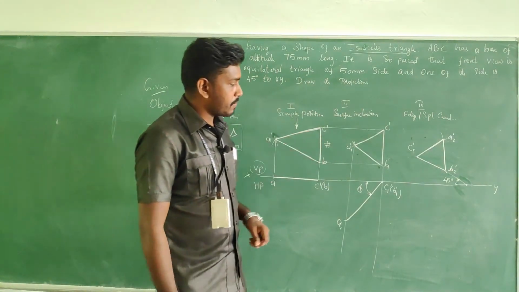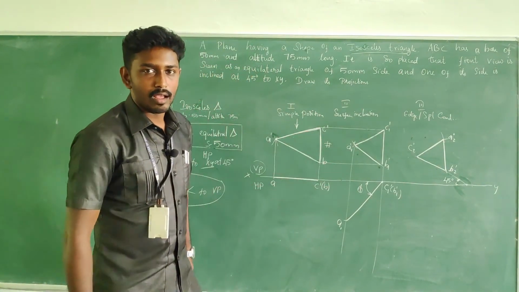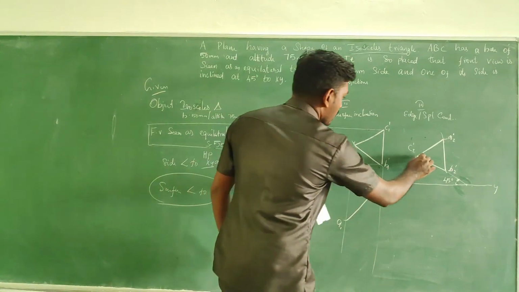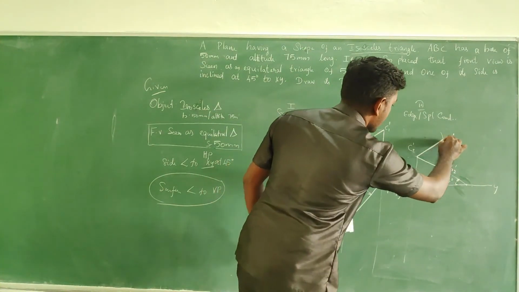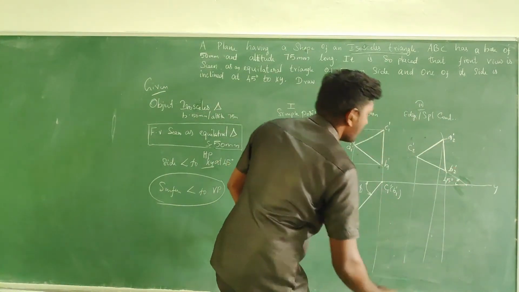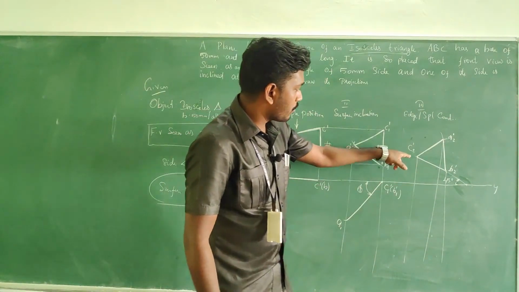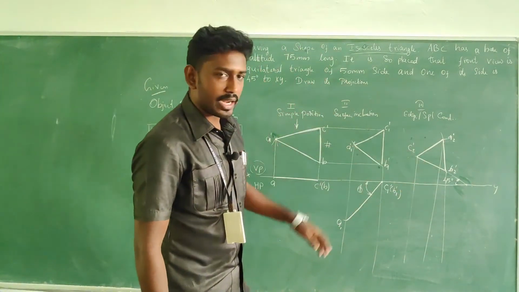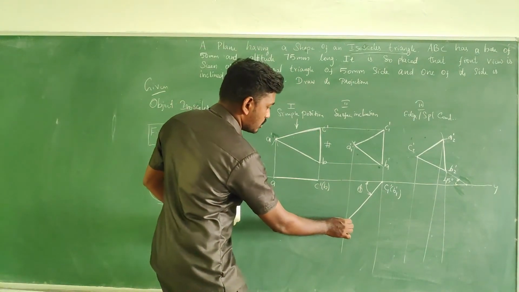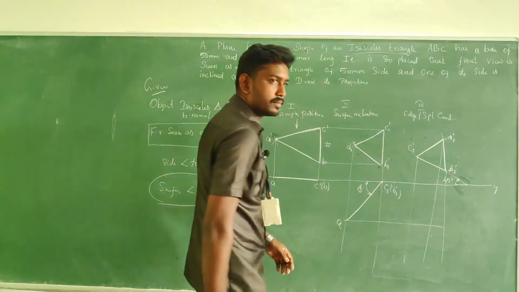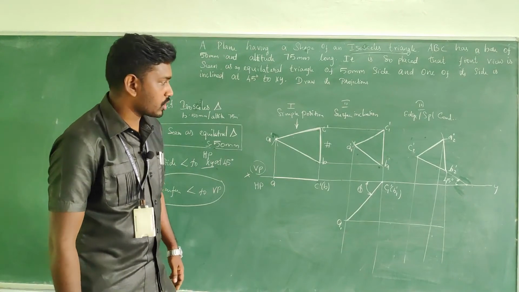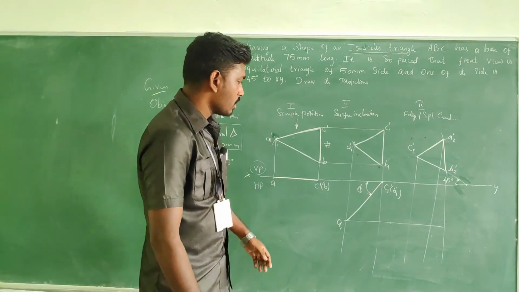Now the final stage or final view, right? Final top view. So for that, get the projectors from the corners of the triangle, and from the previous stage take the projectors. So it comes like this.